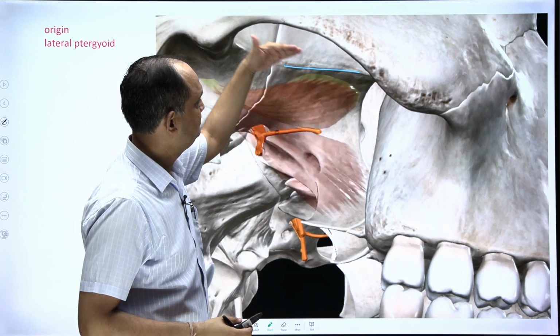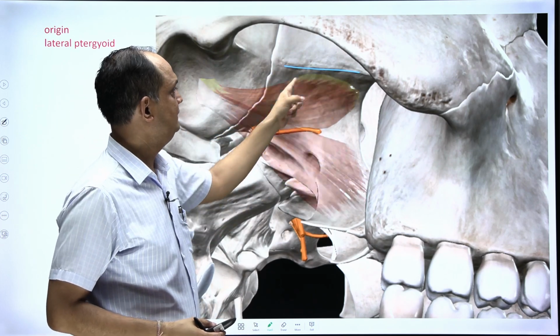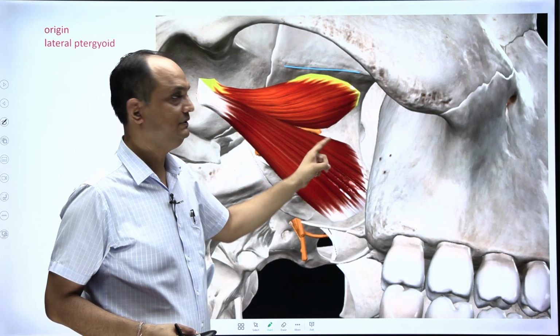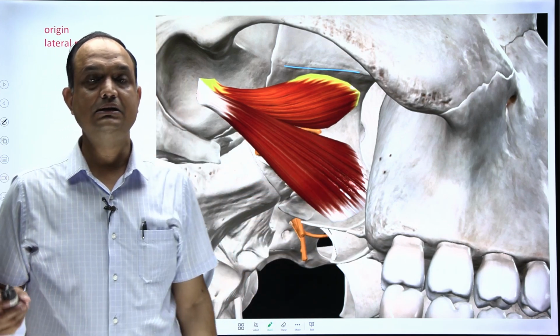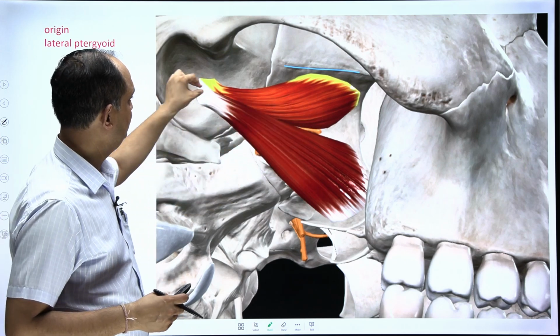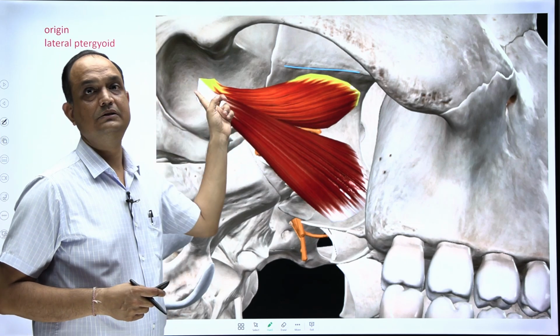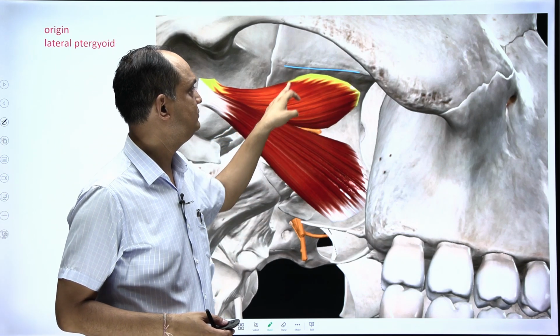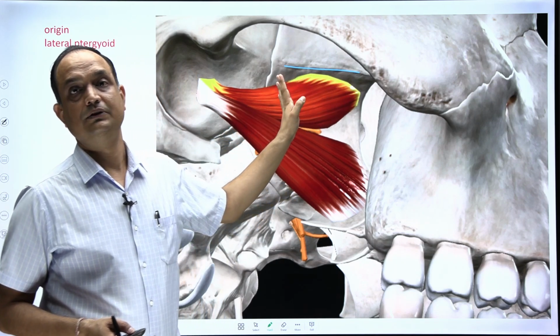So this area becomes the infratemporal surface. Here you can see the origin of the upper head. This is the lower head which is arising from the lateral surface of lateral pterygoid plate. Both the heads join to form the common tendon which will insert into the pterygoid fovea. So this is the important surface, the infratemporal surface.